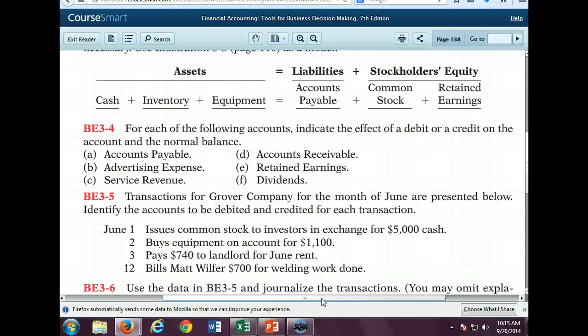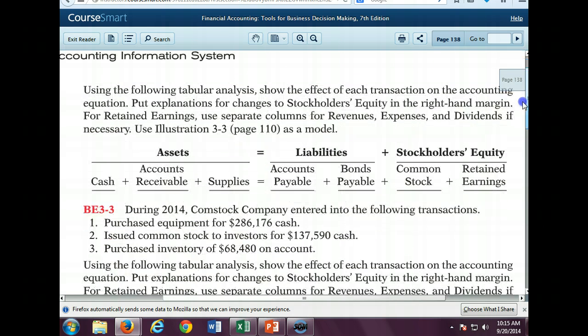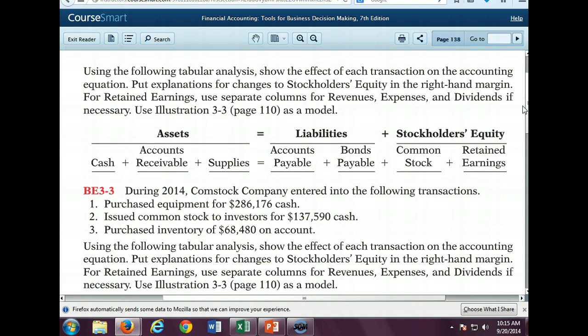What happens when we have accounts receivable? Let's look at accounts receivable. Are we on 3-4 or 3-3? I'm wrong. We need to be on 3-3. Craig, you have it set up right.